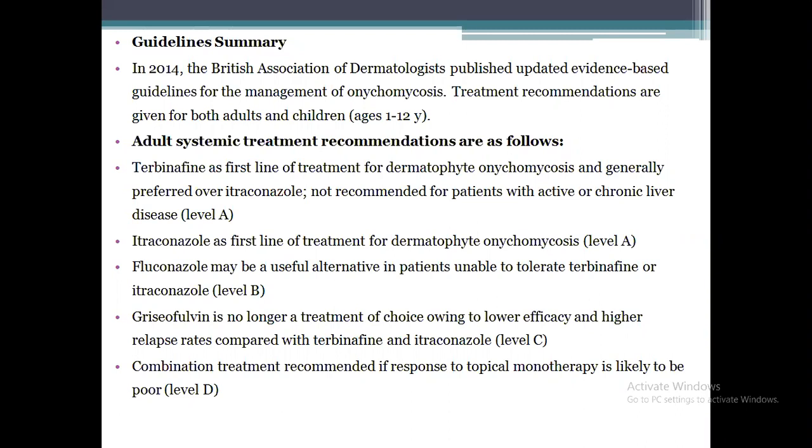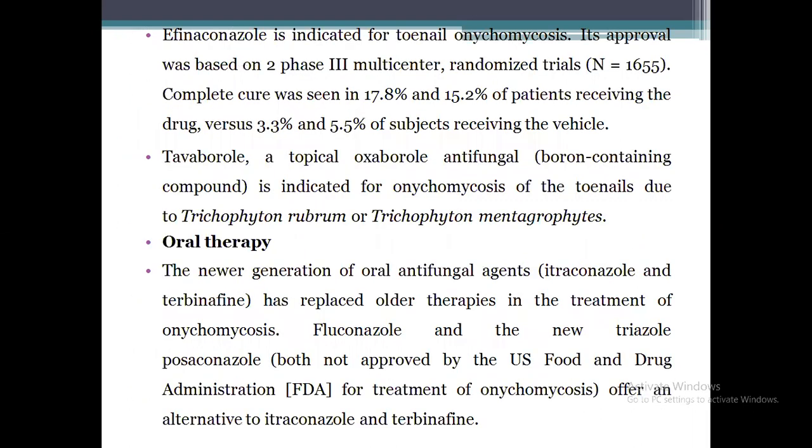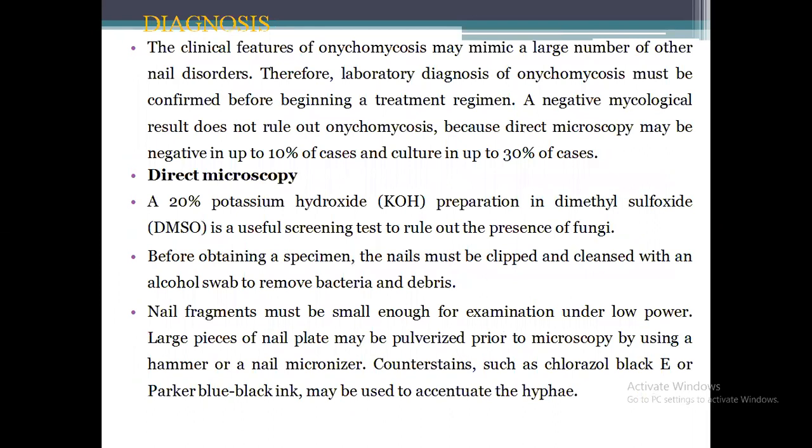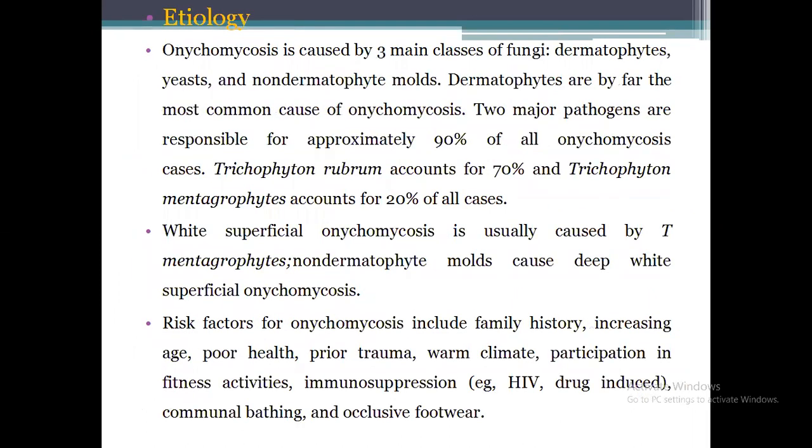Can Rubrum not cause onychomycosis? I mentioned here that Trichophyton rubrum accounts for 70% of the cases. And rubrum is the one causing corporis and cruris, the same one.